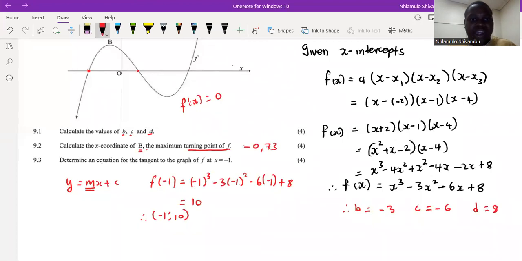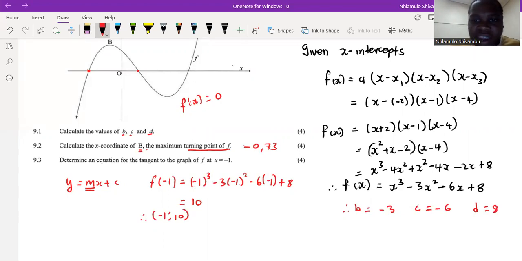So at this point, that is where the tangent is in contact with the curve. From there, we need to know the gradient of the tangent. We know that at the point of contact, the gradient of the curve and the gradient of the tangent are equal. So we need the gradient of the curve at the point of contact.